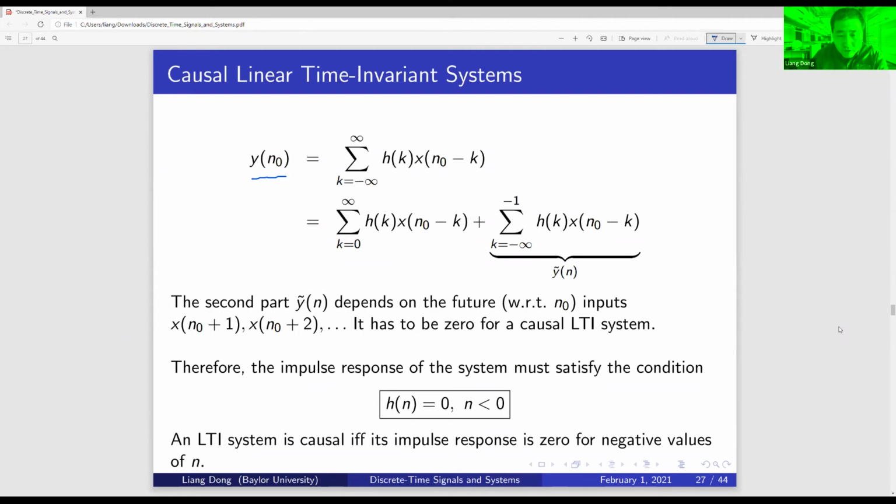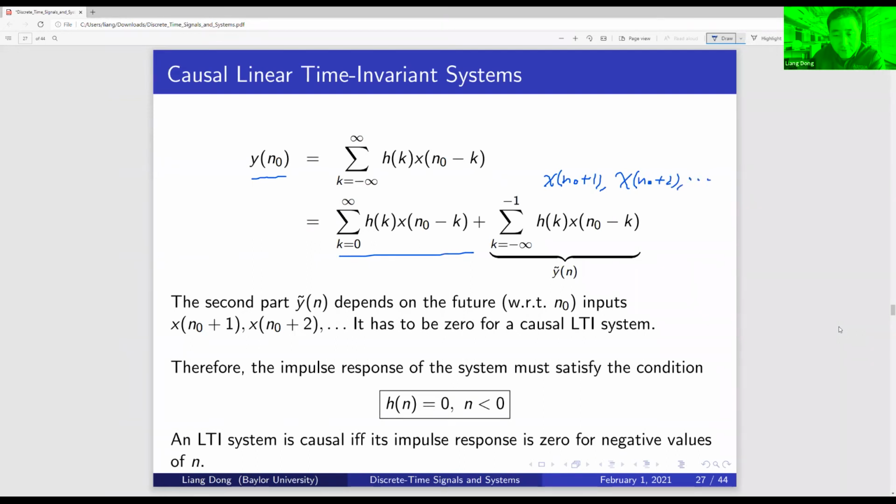Break that into two terms. The first sum is when k is non-negative, from 0 to infinity. The second term is when k is a negative integer, from negative infinity to negative 1. The second part, y tilde, depends on the inputs x n0 plus 1 when k is negative 1, x n0 plus 2, all the way to x n0 plus infinity.